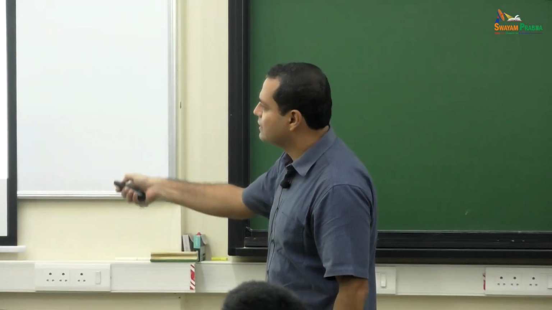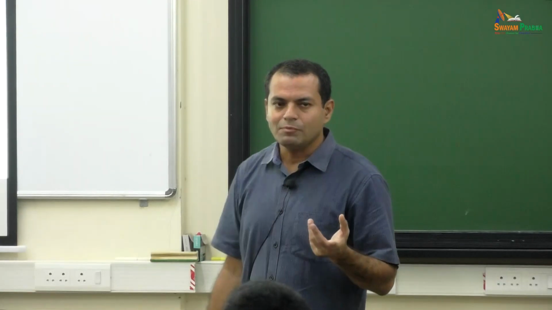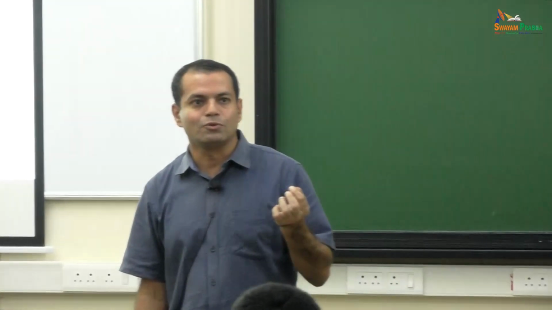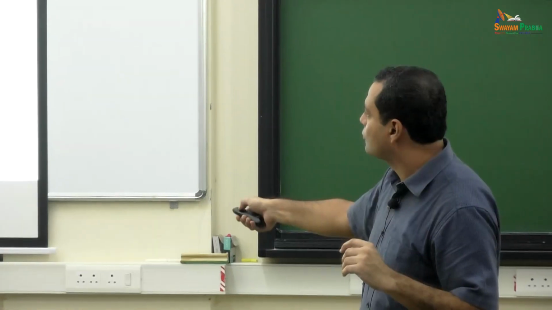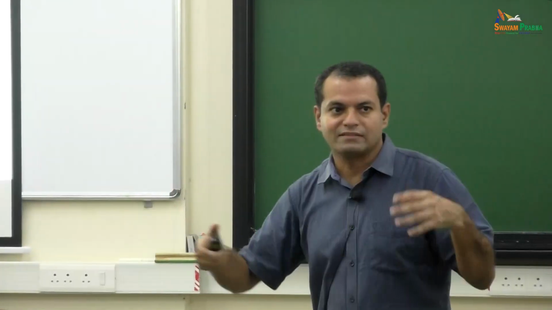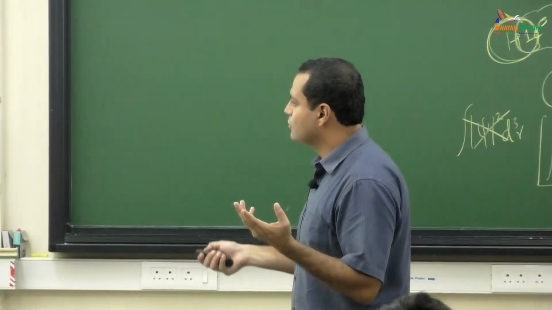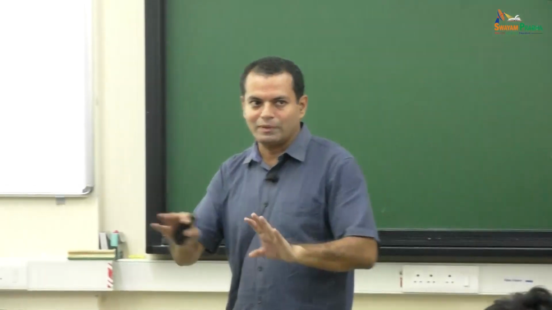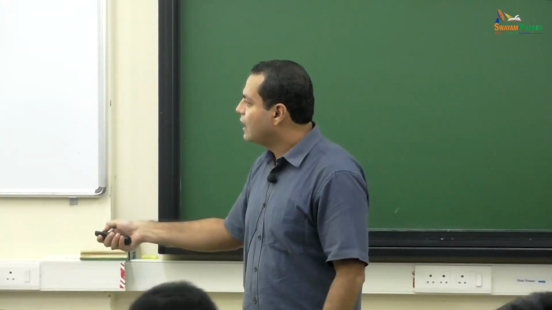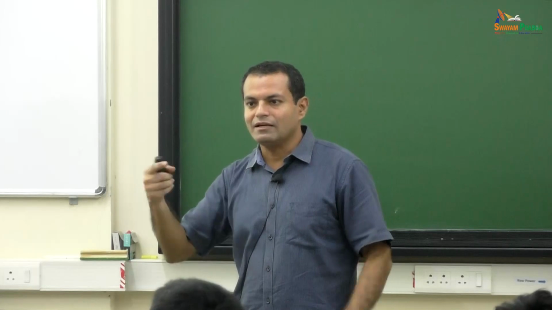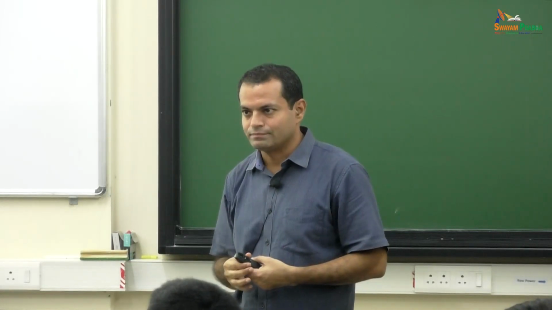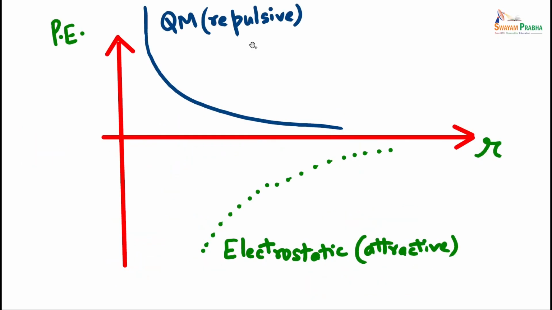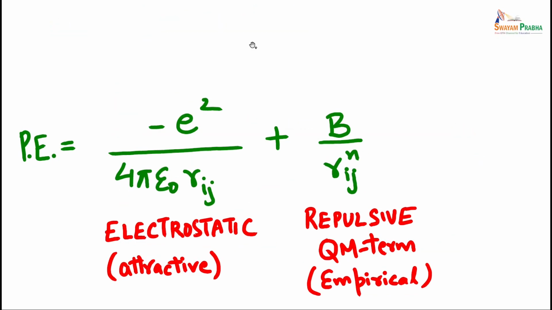And there is a repulsive term. That repulsive term is very hard to explain in terms of why it is r to the power n. What is n? I could say it is of quantum mechanical origin, not to be discussed in today's class, and it's empirical. Empirical means people have done experiments and found out the value of n. If we plot this expression, it's 1 by r and 1 by r to the power n.